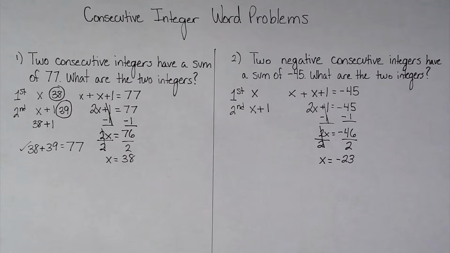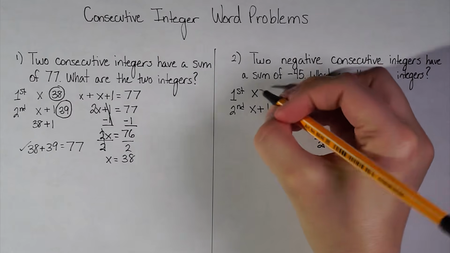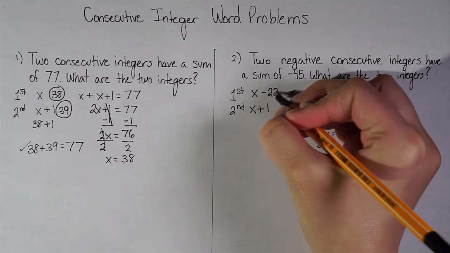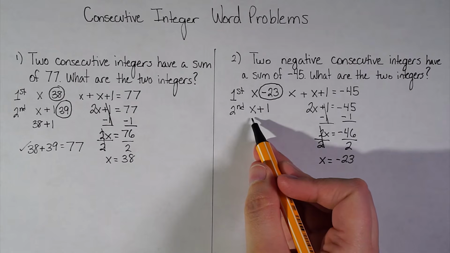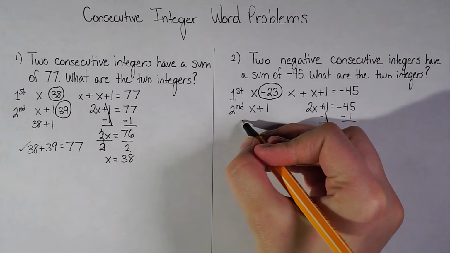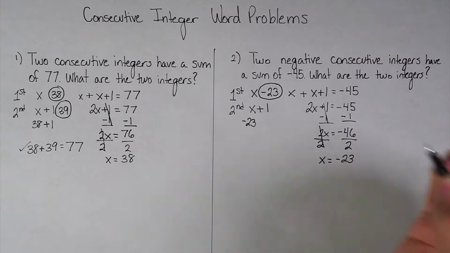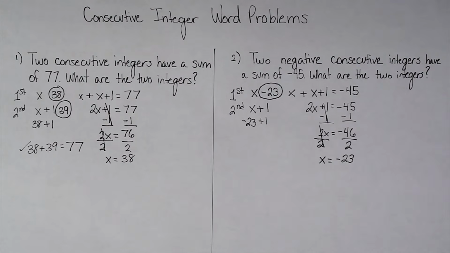But I'm not quite done yet. Remember, now that I know x, that's great. My first number is negative 23. But I still need to know my second number. So let me sub in what I know x is, negative 23, for x and add 1 to it.